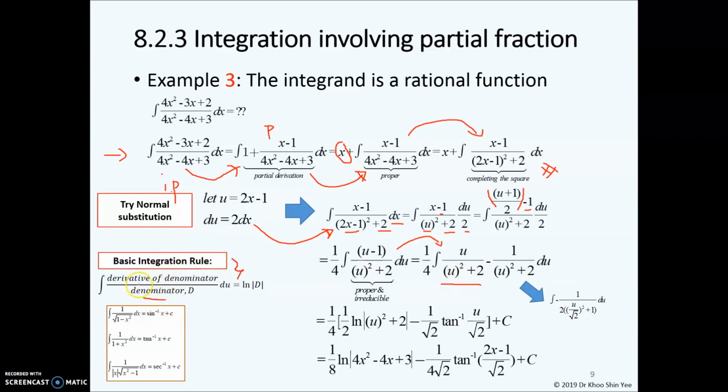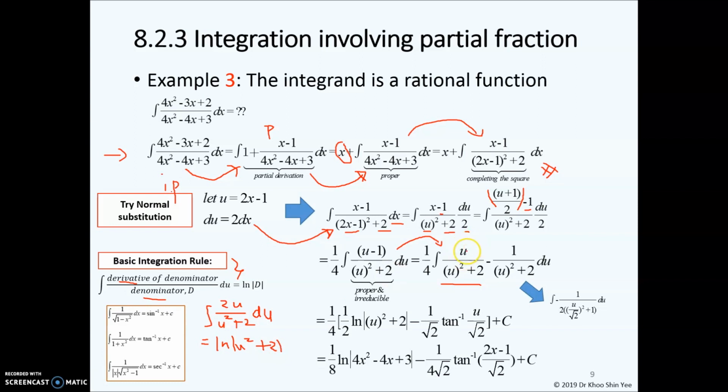So if the numerator at the top is the derivative of the denominator, you get ln of the denominator. So in this case, if you integrate over u squared plus 2, and at the top is the derivative of this, which is 2u du, then you should be able to get ln of u squared plus 2, right?